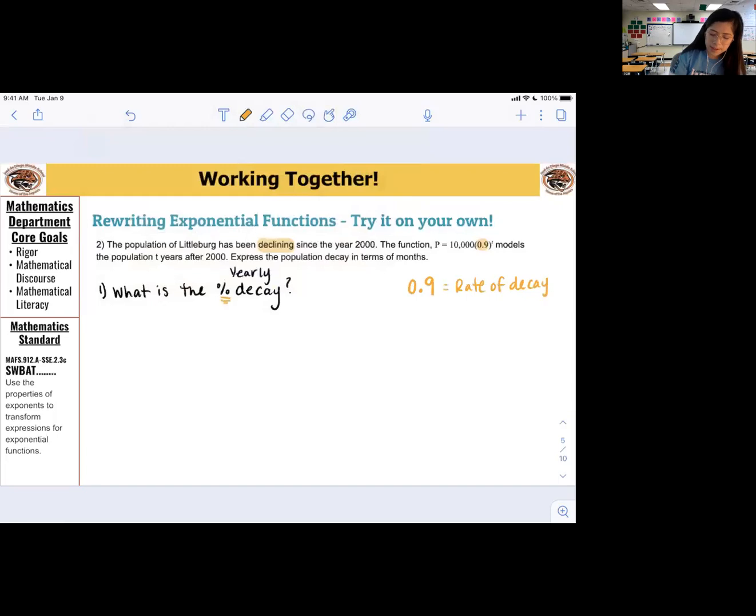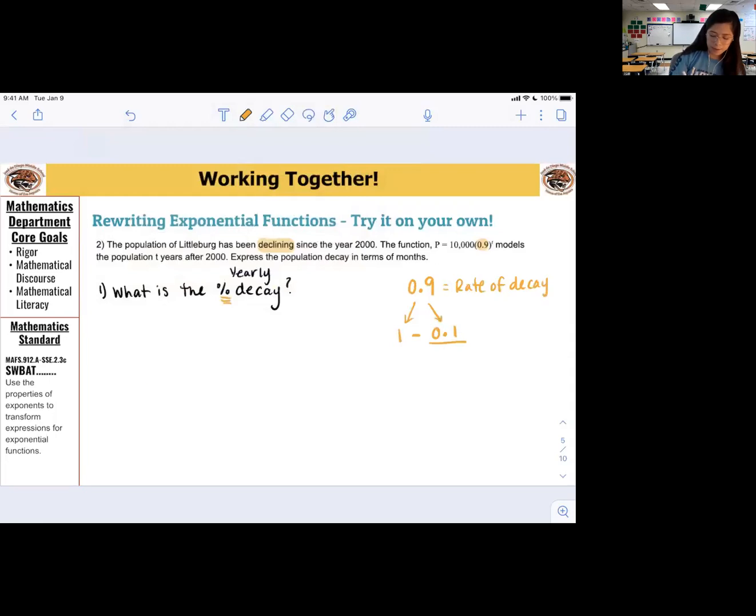But the percent decay, what do I have to do to this number? Subtract. Right, we were subtracting from 1. So 0.9, since I'm decaying, this is 1 minus what? 0.1. 0.1. Good.